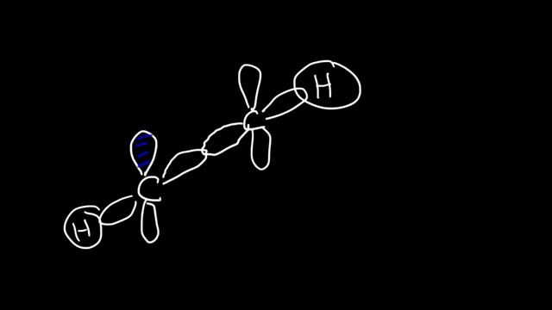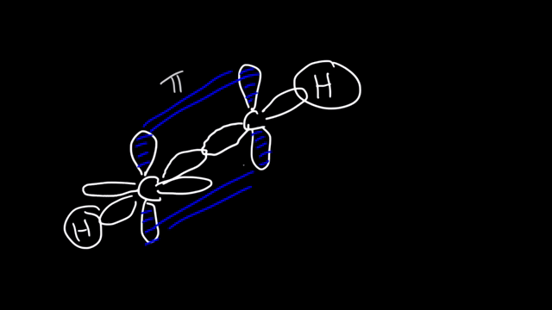I'm going to put the unhybridized p orbital in blue, just like before. So this is one pi bond. Now here's the other p orbital, and I'm going to highlight it in green.